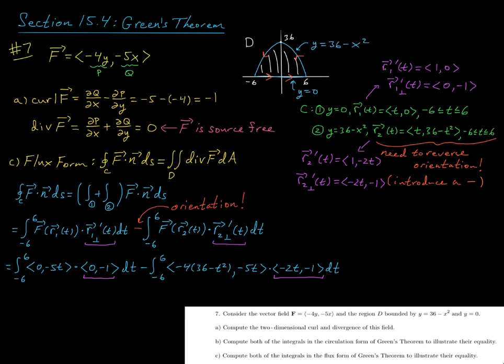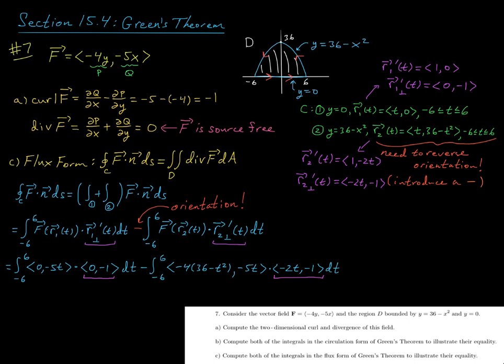That's where I take R1 prime, which is just 1, 0, and then to get the outward unit normal, because this is the unit tangent vector, I just swap the coordinates and I stick a negative in front of the i component for R1 prime. So I get the vector 0, -1. It's just the vector -j, right? It's pointing directly outward of our region here along the x-axis. So that's going to go in here.